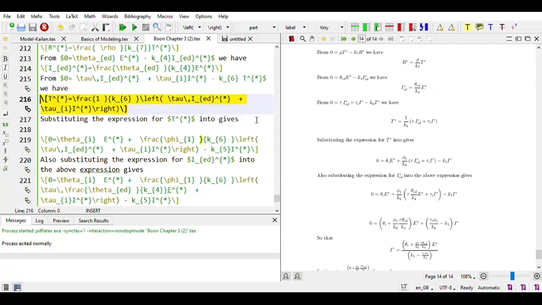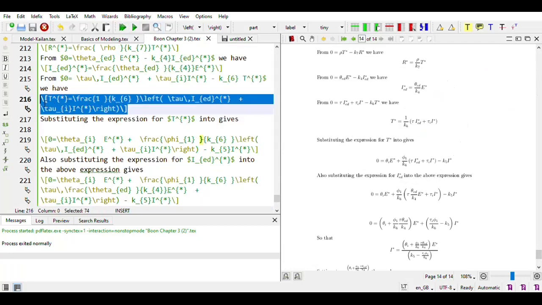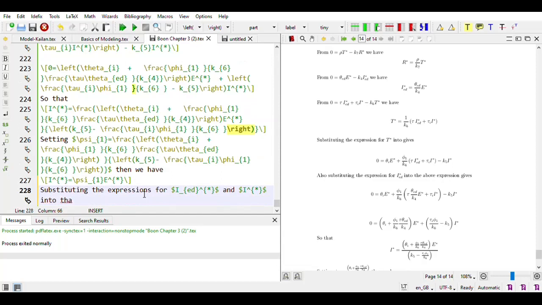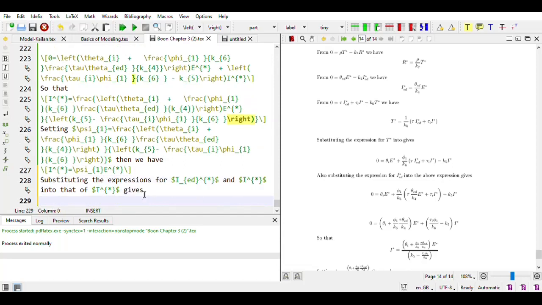We copy this expression, and so we are going to substitute the expressions for I_ED star and I star into that of T star, which should give us whatever we have here.